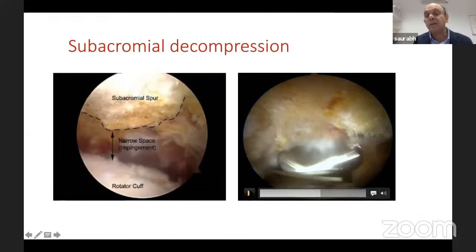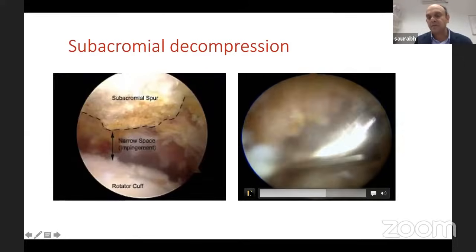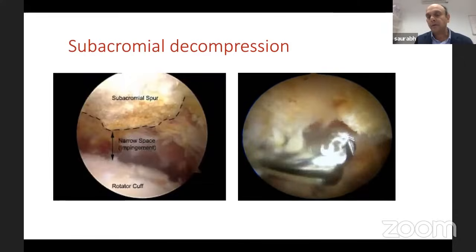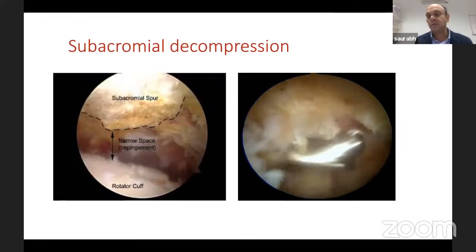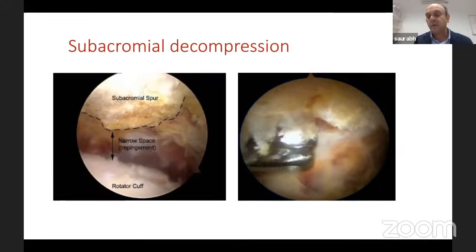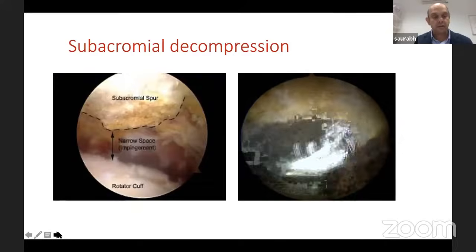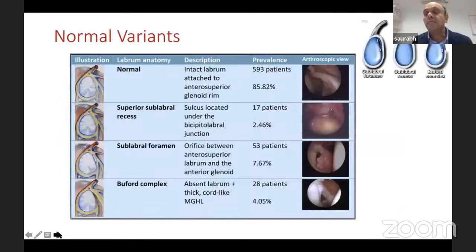So that way you are in control of how much acromion you are shaving. So this is just me shaving basically. And in between, of course, you put your diathermy, you take all this periosteum and bursa away, and you complete your SAD.